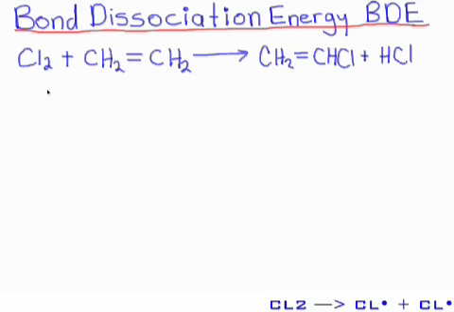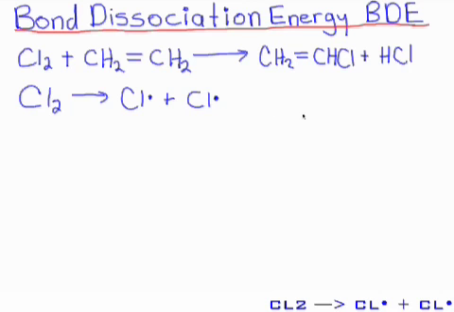So in order to make the products, I know I must take Cl2 and react it to produce Cl dot, a radical, plus Cl dot. We utilize homolytic cleavage in bond dissociation energies so that the bond is completely broken and we minimize any interaction, allowing the energy to be determined.